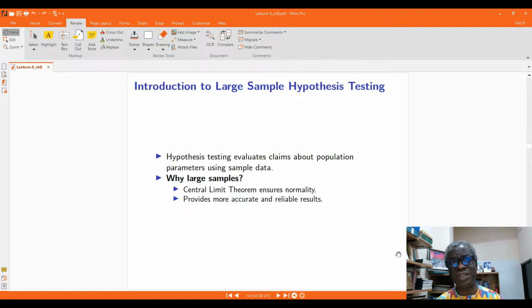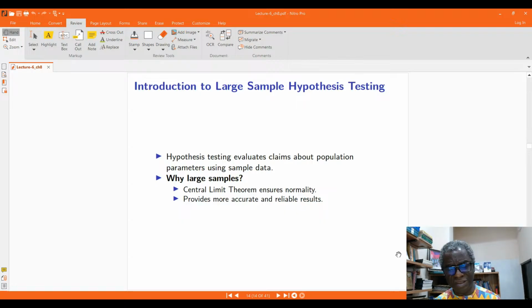So in hypothesis testing, the researcher makes a claim and then collects data and then uses test statistics, and from the test statistics obtains the critical value and the p-value, and then is able to determine whether the weight of evidence in the sample is strong enough to reject the hypothesis.